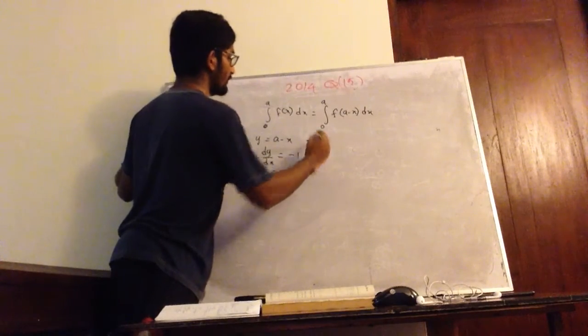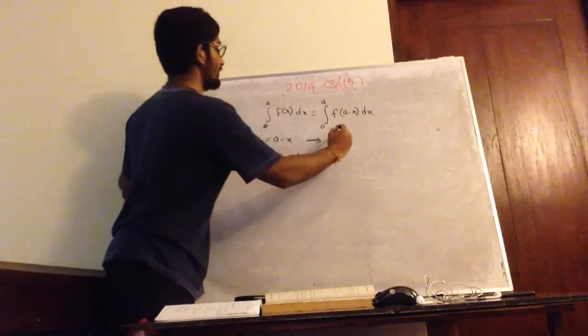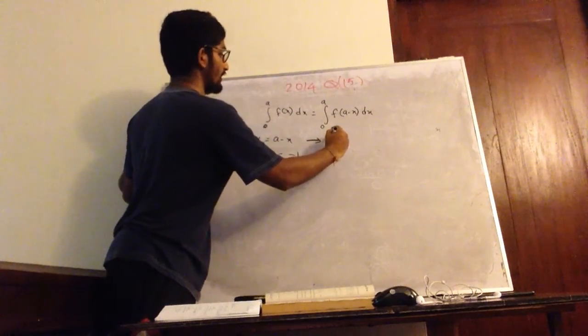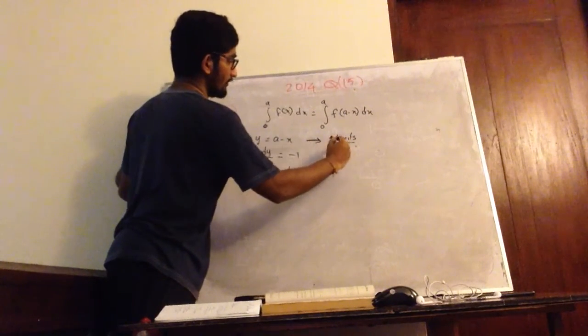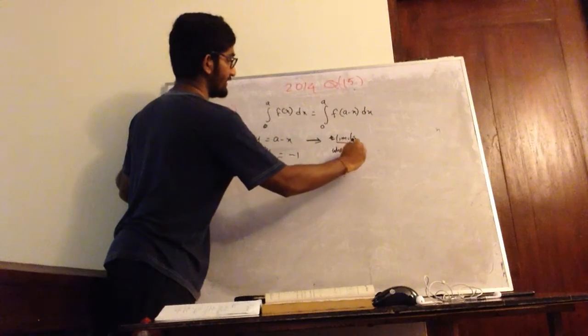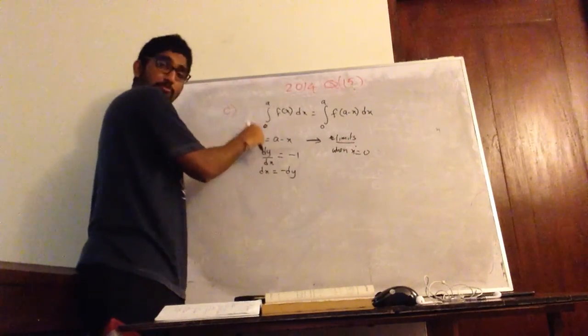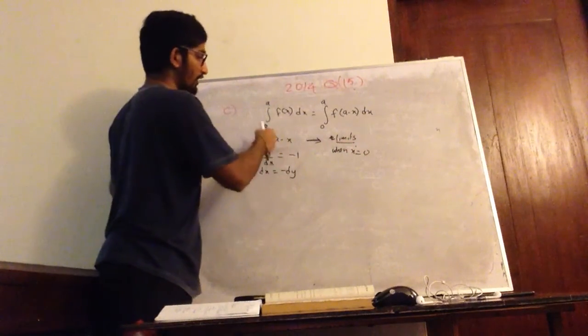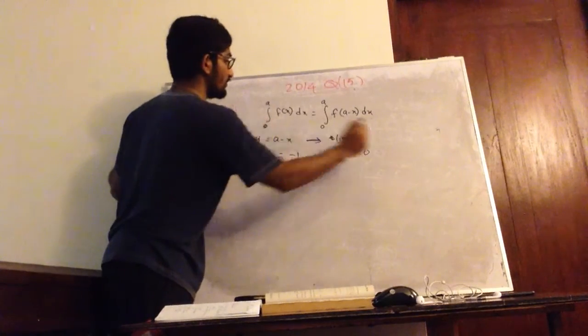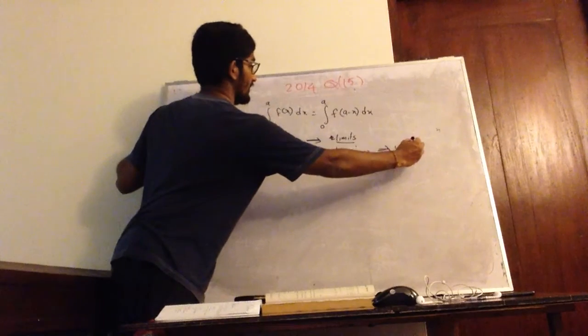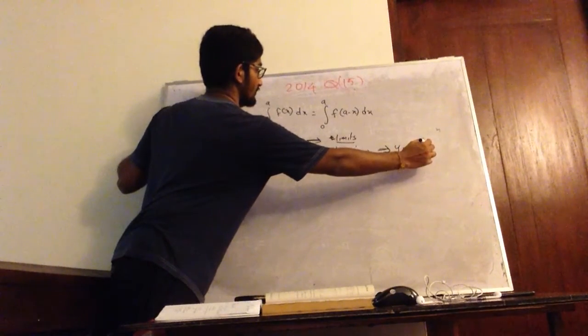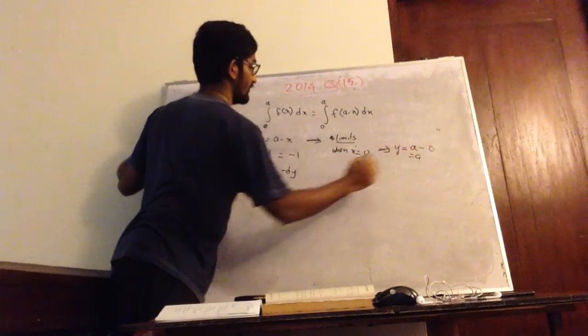Then you know that now we have to see the limits. So now x goes from 0 to a. Let's see what happens to y. When x equals 0, y becomes a minus 0, that is a.